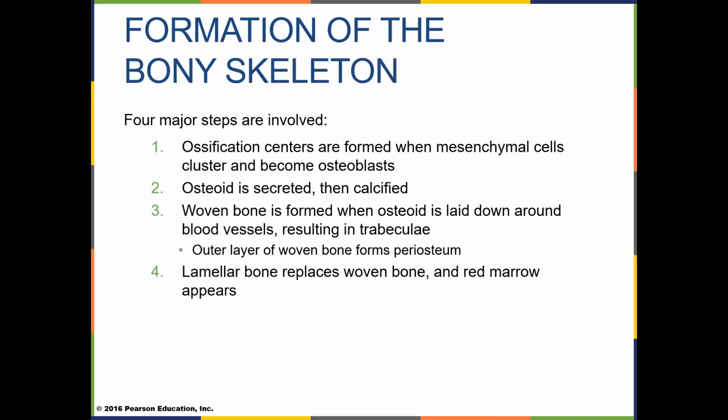So we see, again, as I said, the ossification center forms, osteoblasts are created or developed. We lay down the matrix. We start laying down, building trabeculae. We then have spongy bone, and then we cover it with compact bone. That's the process.